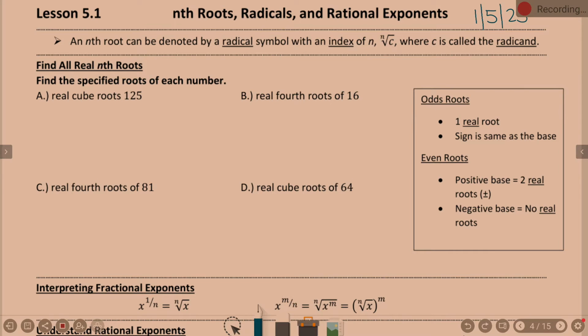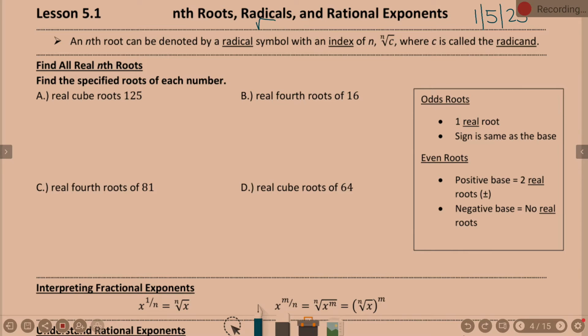So when I throw out the word radical, I'm talking about the square root symbol, except that it's not necessarily a square root. It also is a cube root or a fourth root or fifth root or whatever. I think we mostly will go up through fifth roots. But we're looking at how those relate to our fraction exponents. So that is our big thing today.